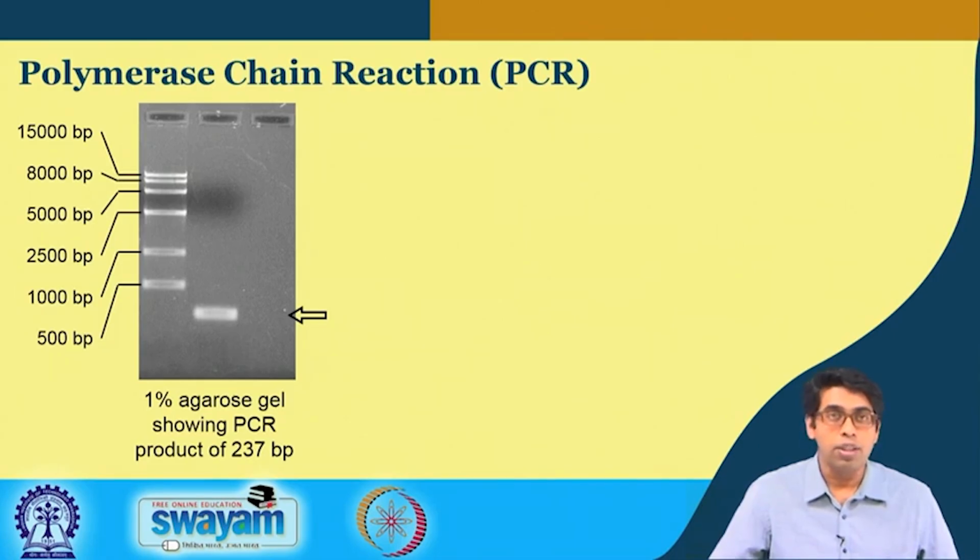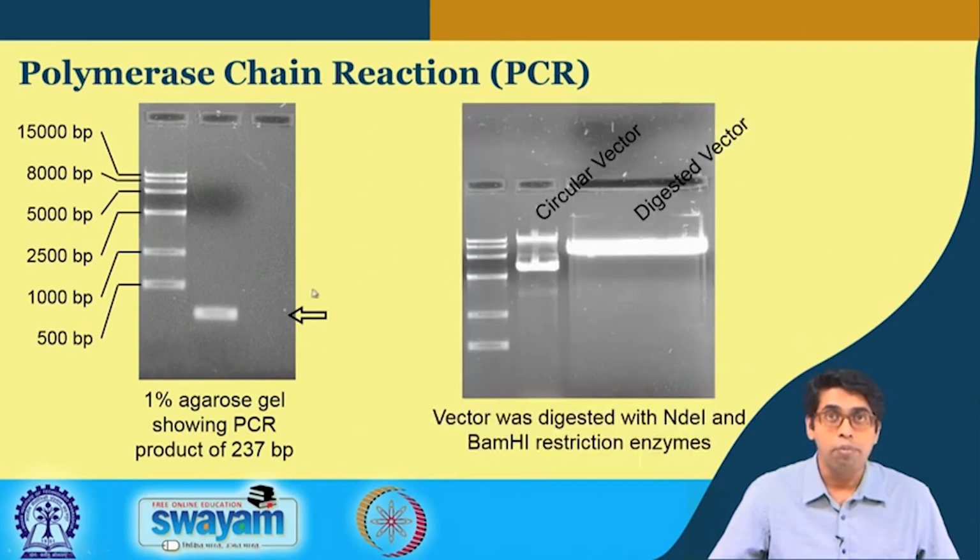The other part that you need is the circular vector, which should also be digested by your restriction enzyme. So, you have to set up 2 reactions of restriction digestion. One is for this PCR product, and the other is for your circular vector, and whether that reaction worked or not is again tested by another agarose gel electrophoresis.